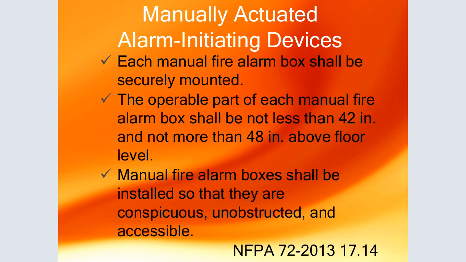For the manually actuated alarm initiating devices, each manual fire alarm box shall be securely mounted. The operable part of each box shall be not less than 42 and not more than 48 inches above the floor level. Manual fire alarm boxes shall be installed so that they are conspicuous, unobstructed, and accessible.